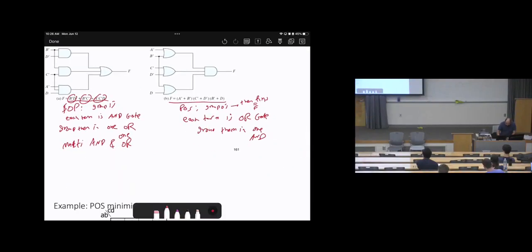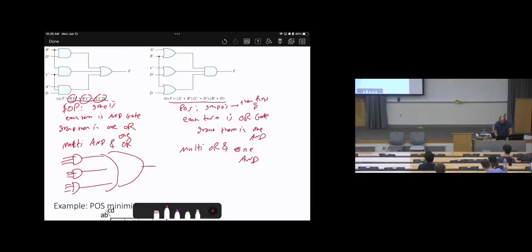While for product of sums, it will be multiple ORs and include only one AND. Okay? So for example, it will be ANDs like this way, then it will be only one OR. However, for this one, it will be ORs, then they all will be in one AND to get the function.